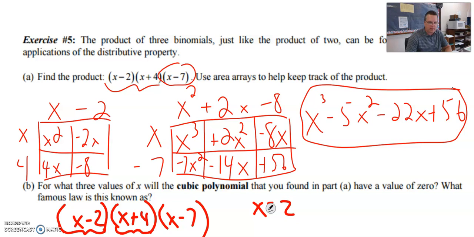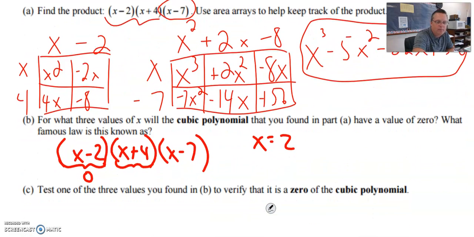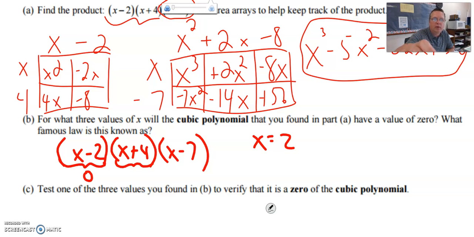Now the next one, letter B: for what three values will the cubic polynomial have a value of 0? You want to find where, if you plug values in and multiply, you get 0.